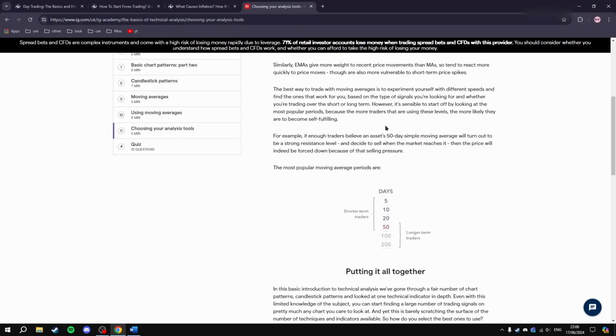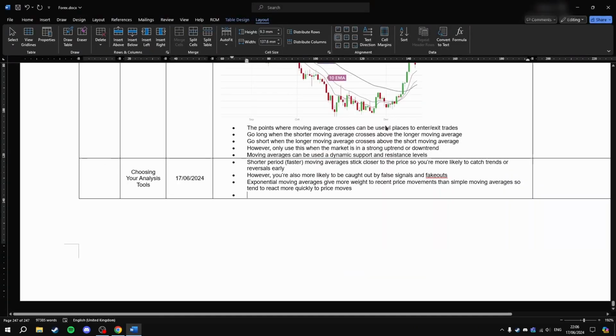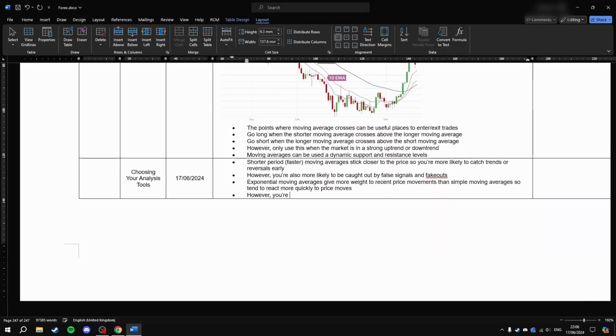However, they're also more likely to be affected by short-term price spikes.